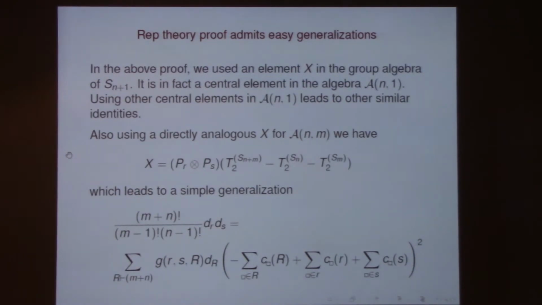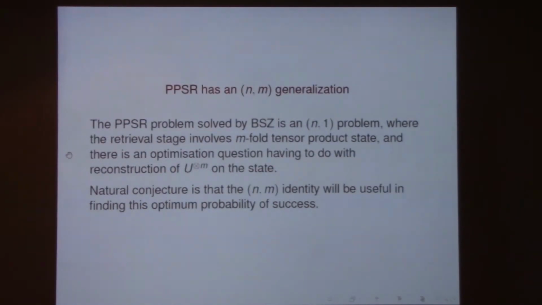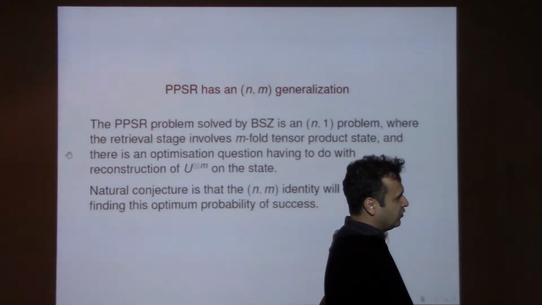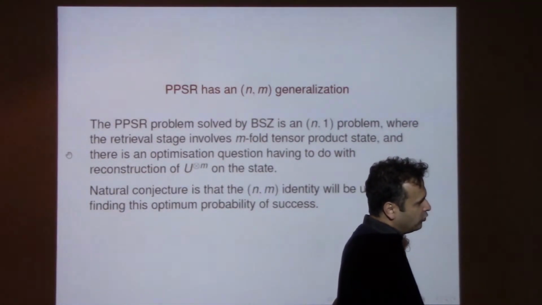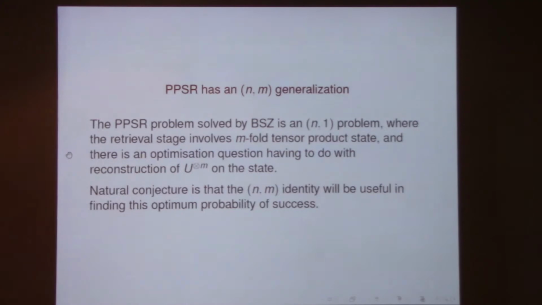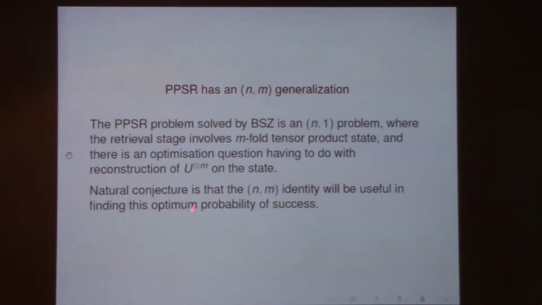So one conjecture, a natural conjecture, is that if you generalize this quantum information optimization problem, where you're using your unitary operator n times, but you're trying to reproduce at the end the action of that unitary operator on some m-fold tensor product, then there will be an analogous optimization problem, and the natural conjecture is that this NM identity will be useful in finding this optimum probability there.